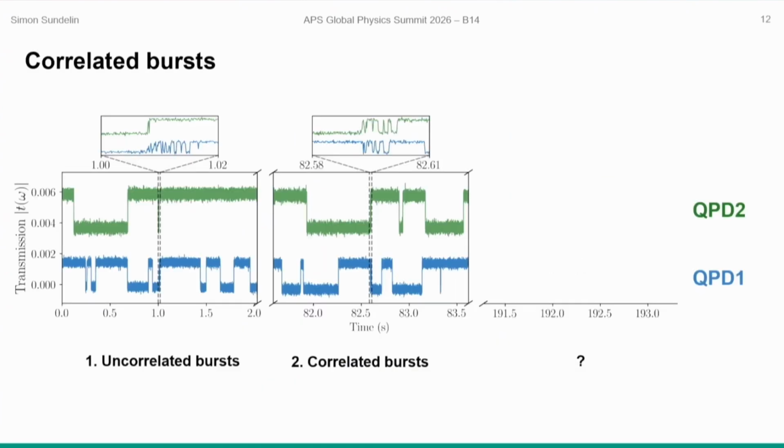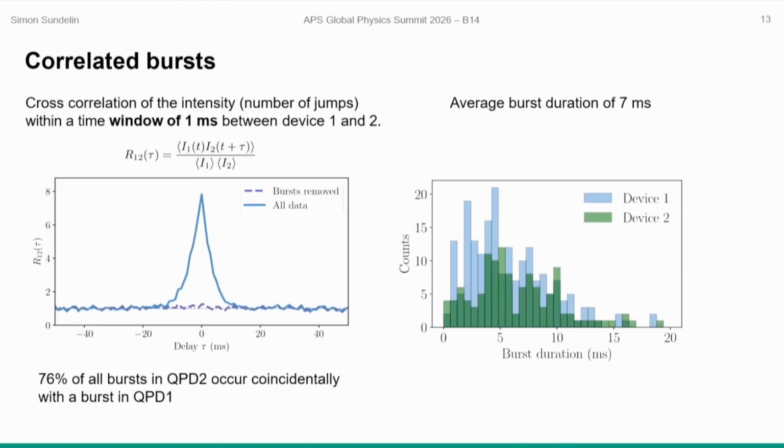So the second one is then naturally the correlated events. So you observe a burst simultaneously in both of the 2 detectors. That naturally leads to the question, okay, can we construct some type of correlation function here? And yes, naturally we can do that.